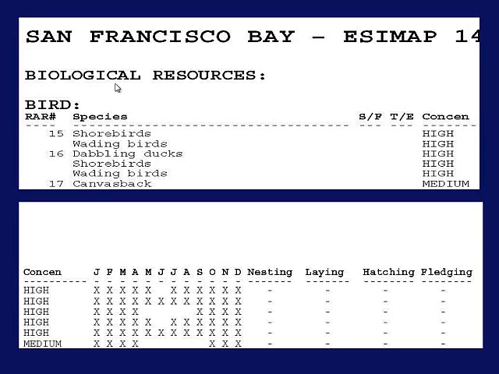If you go across the list, and I had to break it in order to put it on the slide and make it readable, you can see that it has the months of the year on here, January through December. And you can look to see, are those birds here? Well, if we look at just those 3 species that occur for number 16, dabbling ducks, shorebirds, wading birds, and we look down here and look across, you can see that those birds are here all the time.